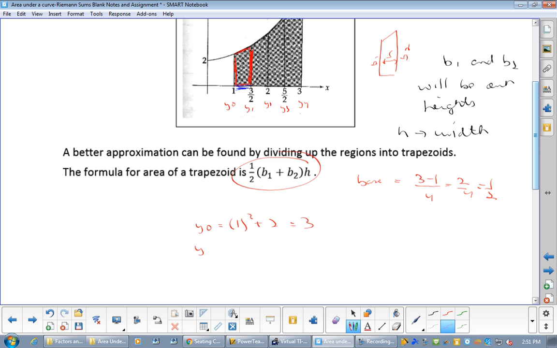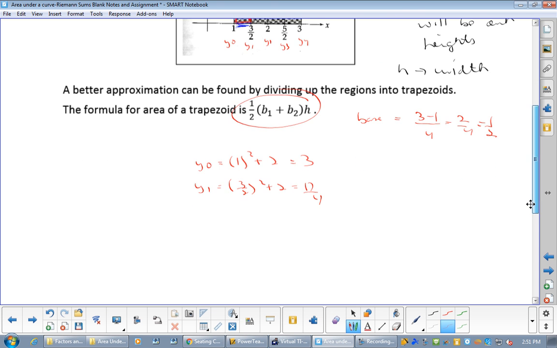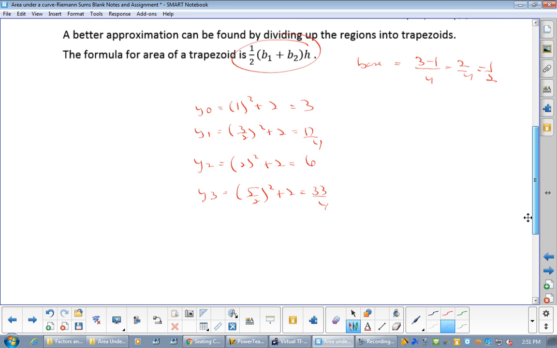For y1, that's going to be 3 over 2 squared plus 2 equals 17 over 4. y2 equals 2 squared plus 2, which equals 6. y3 is 5 over 2 squared plus 2, which equals 33 over 4. And y4 is 3 squared plus 2, which equals 11.